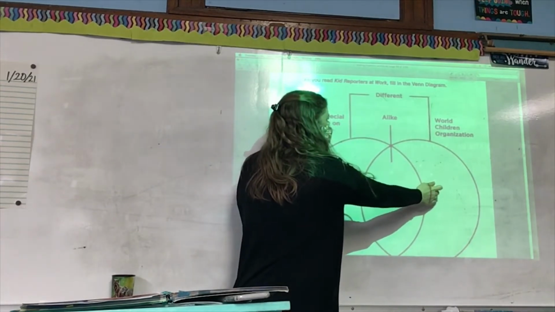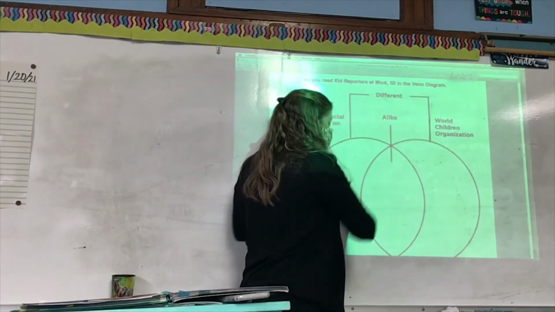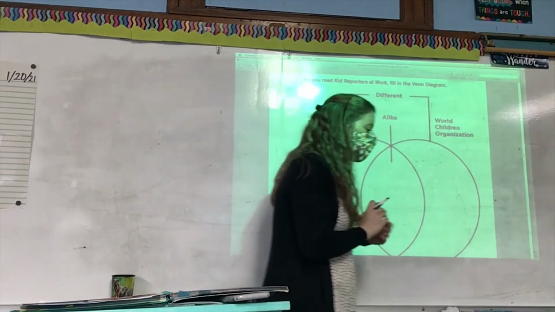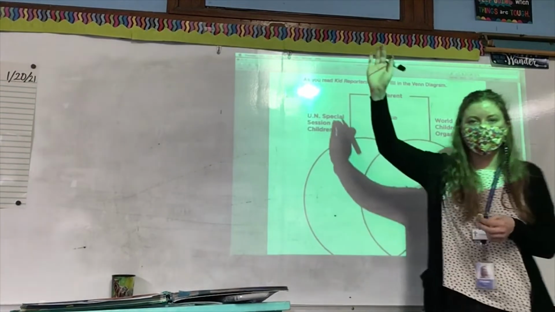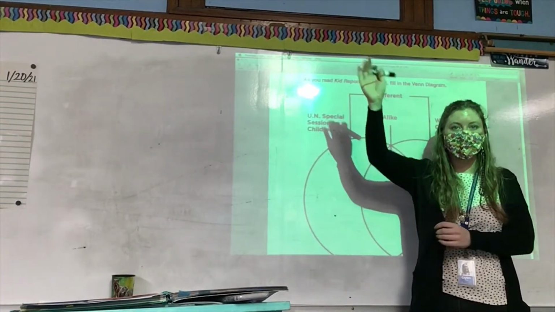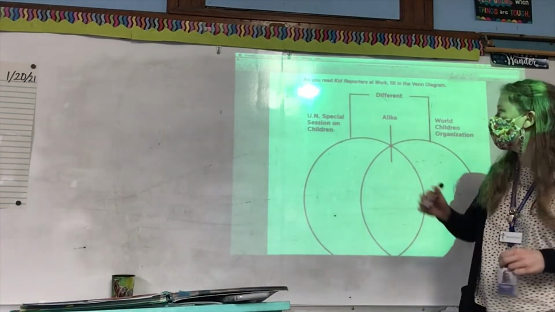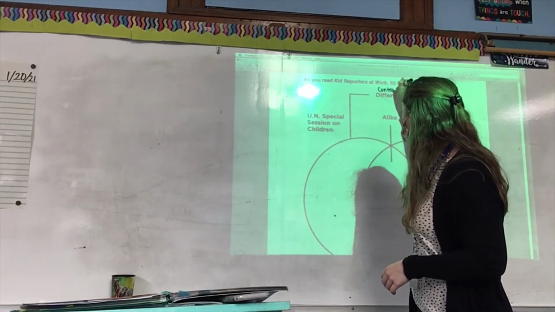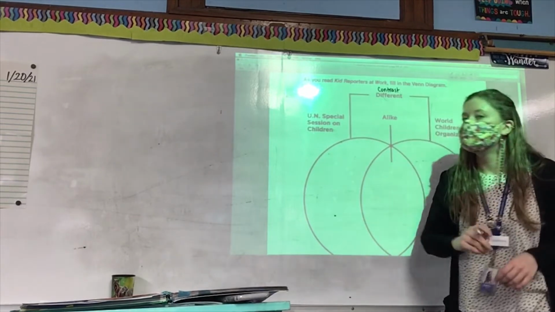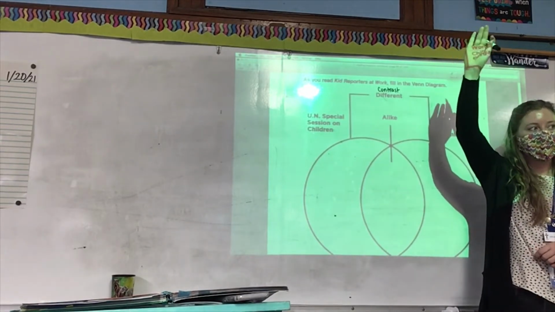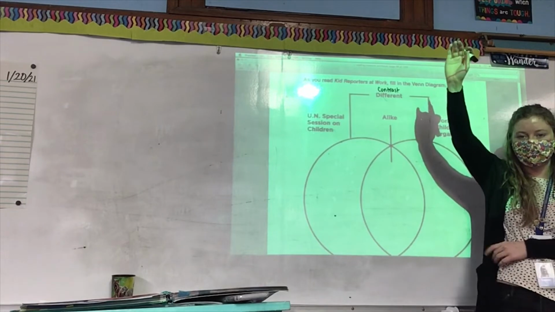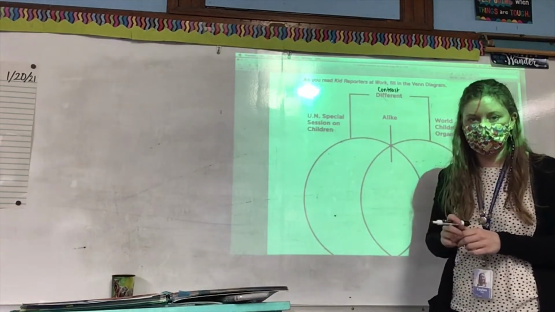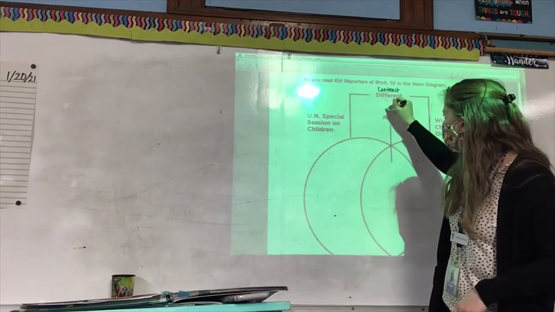The outside is how they are different. If we're saying how things are different, does that mean we are comparing or are we contrasting? Ethan? We're contrasting. If things are alike, are we comparing them or contrasting? Smith? Comparing.